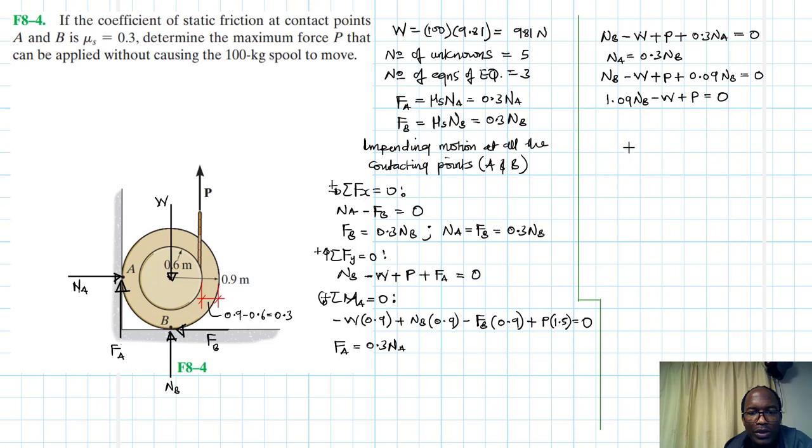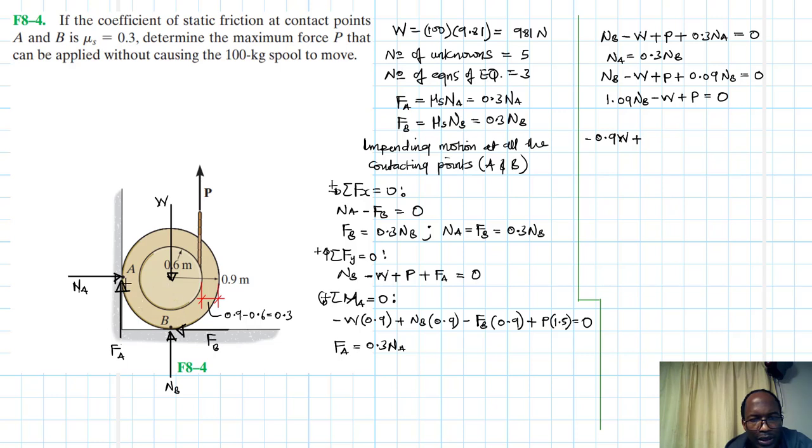Summation of moments about point A. So this is 0.9 W plus 0.9 NB, and then we have minus 0.9 NB. So these two go, so this part goes. Summation of moments about point A, we have NB.